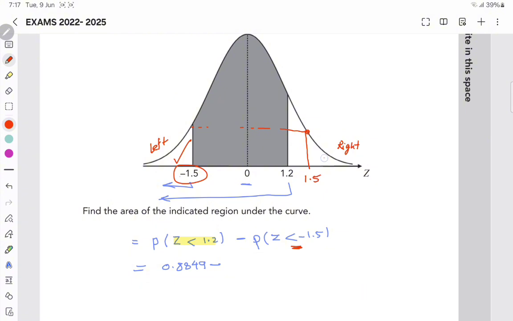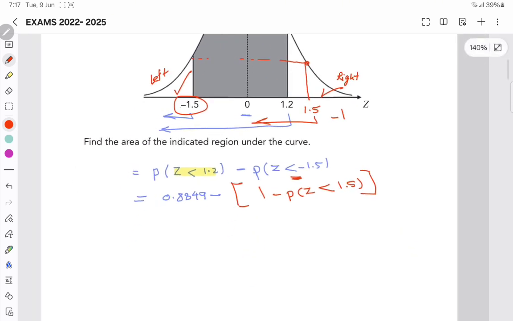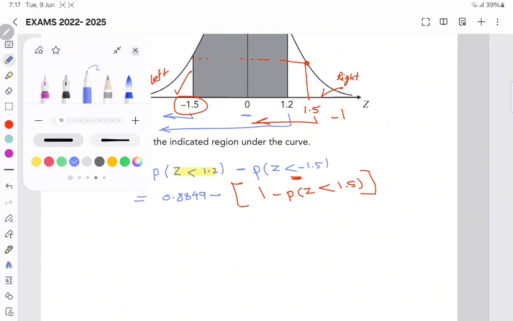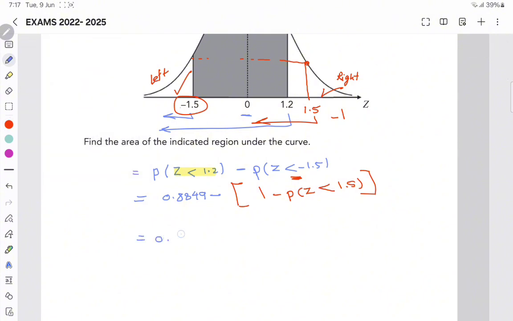And you know that to evaluate the area on the right, if you have a positive value, we just do 1 minus the area below that value. So we open a bracket here: it's 1 minus the probability of z, removing the negative, less than 1.5. So it's equal to 0.8849 minus open bracket, 1 minus.